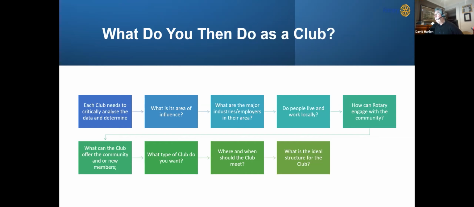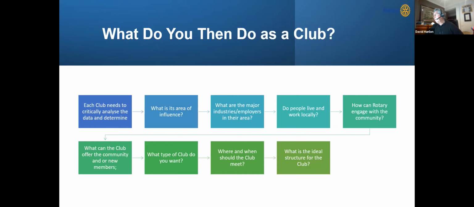You need to think about your special ethnic groups. How will they fit into your club? Or do you need to think about the type of structure, possibly a satellite club that they would fit into better?